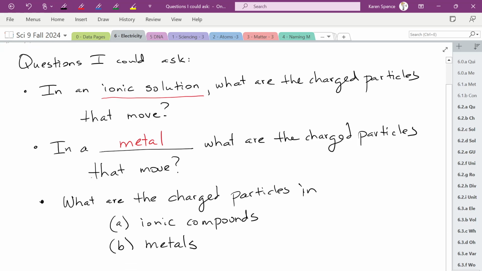So what are the charged particles in ionic compounds? It's not hard. Ions, okay? Ions. What are the charged particles in metals?